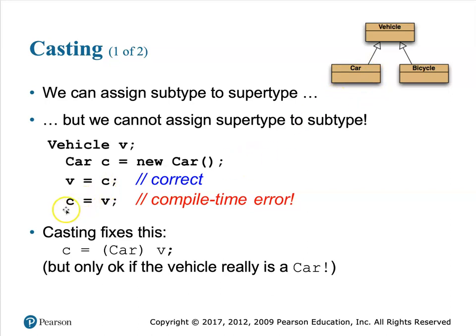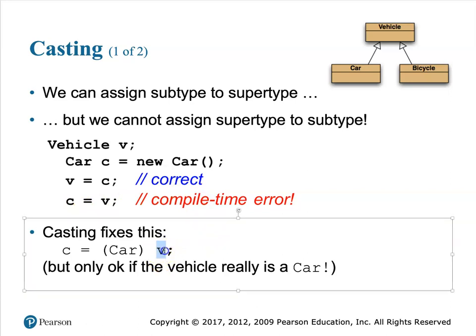Well, if we just try to do that directly, the compiler will yell at us and say that there is the potential for lost information, and it won't allow the assignment of a vehicle variable into an object of type car. But we can use typecasting to allow for this.